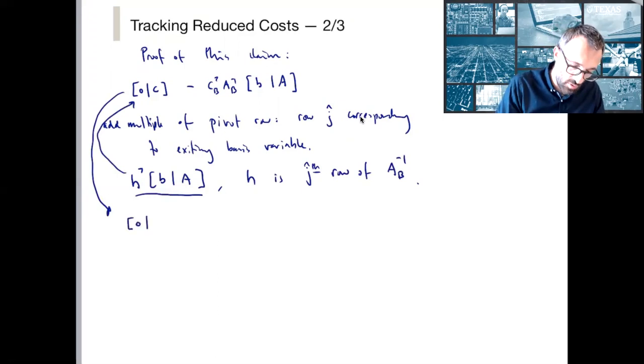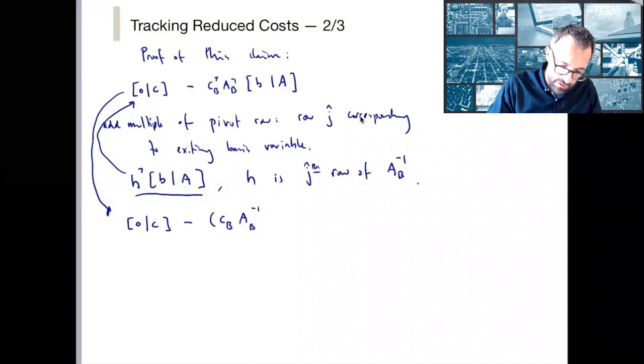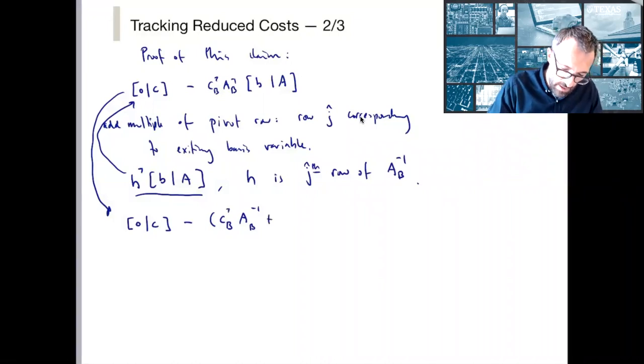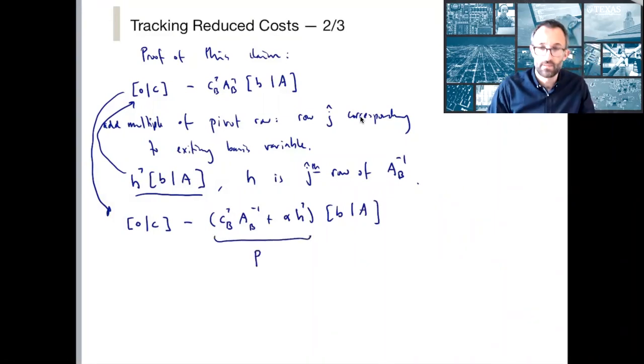I get C minus C_B transpose A_B inverse A. Sorry, let me take away this transpose and put it outside. Plus, actually no, we need it there. Plus alpha, some multiple of that row H, times again B and A. And I'm going to call this my updated P.